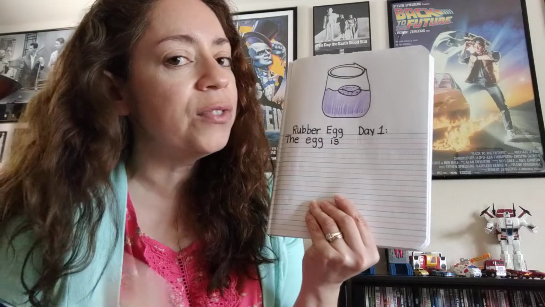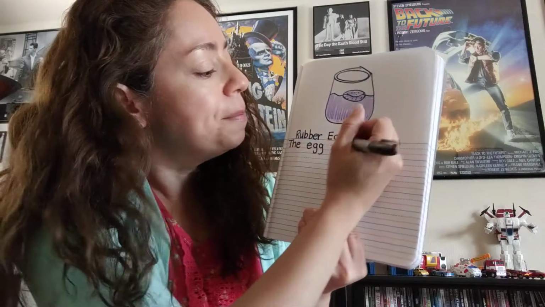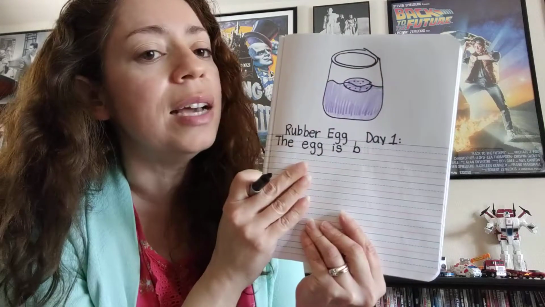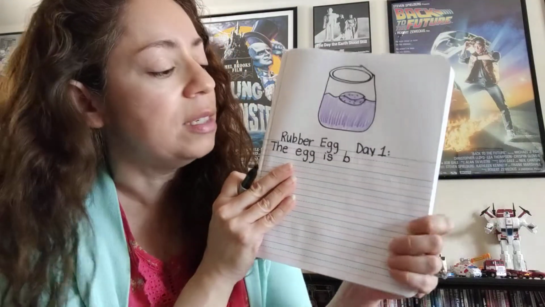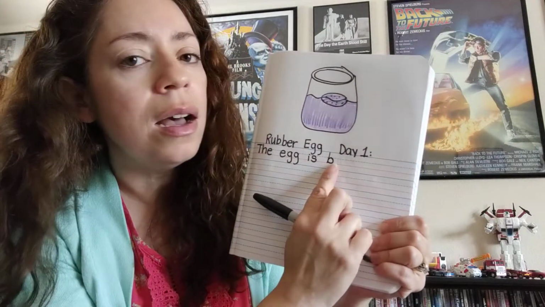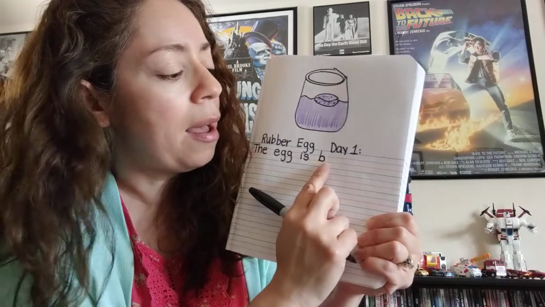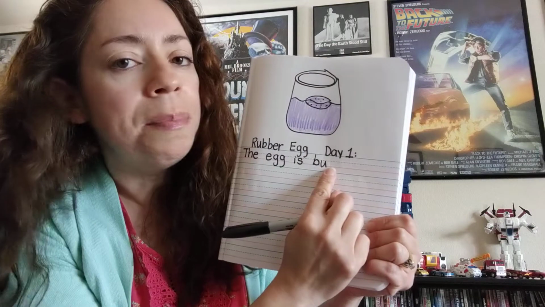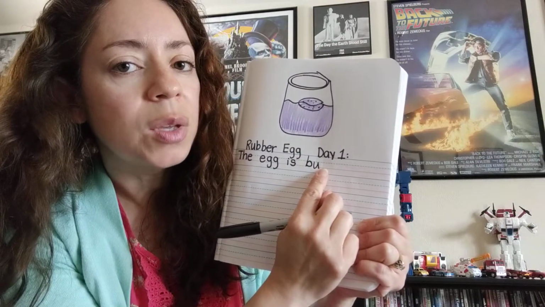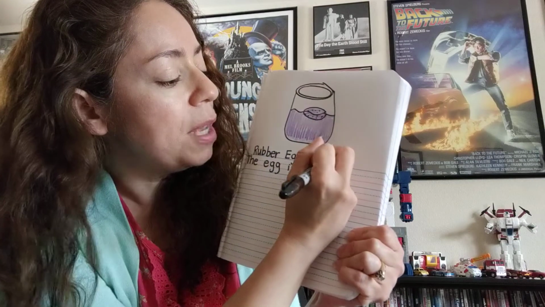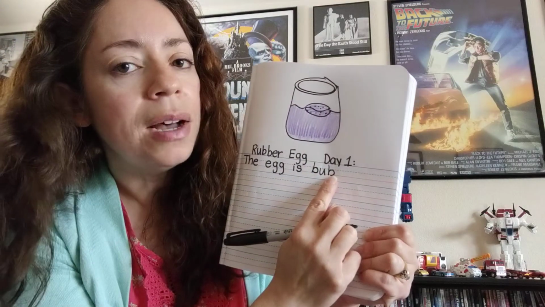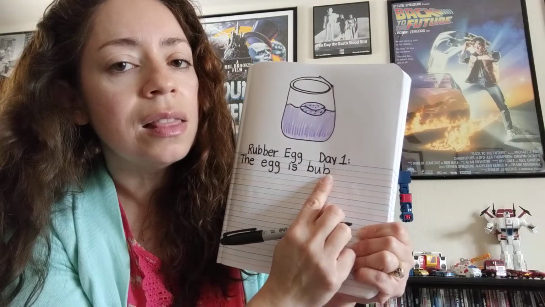B is the first sound I hear. B. I know that's a B, and I'm going to write that with the lowercase because it's not a name and it's not at the beginning of a sentence. B. Is the next sound. U. B. B. What letter? B. The egg is bub, o.